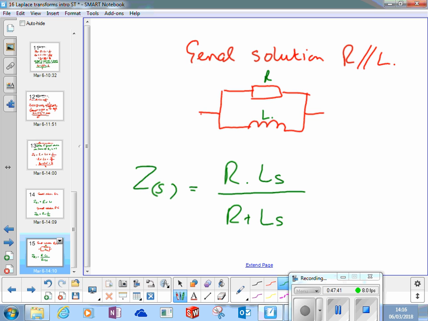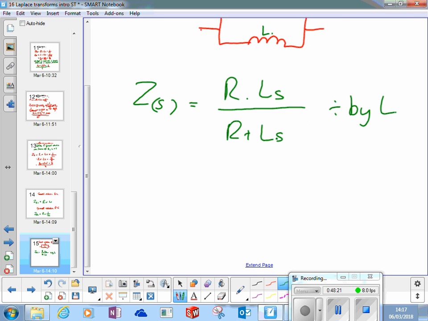So we divided through by L to get S on its own. We have to do exactly what we did when we had the numbers in there. We divided through by 0.2, didn't we? Because that was 0.2 S there. We wanted just S on its own.